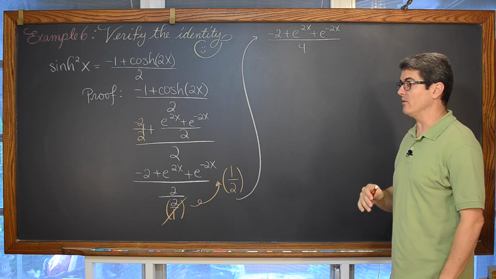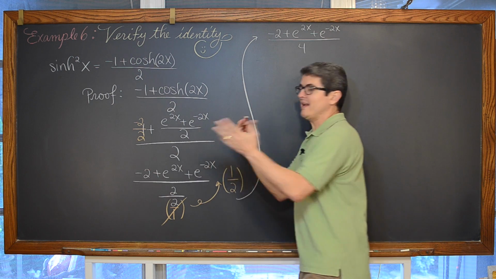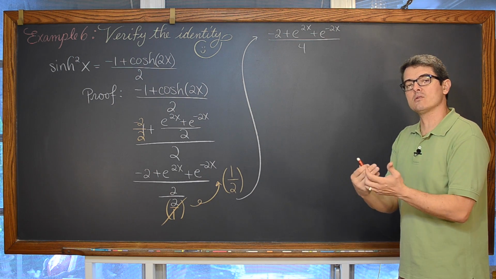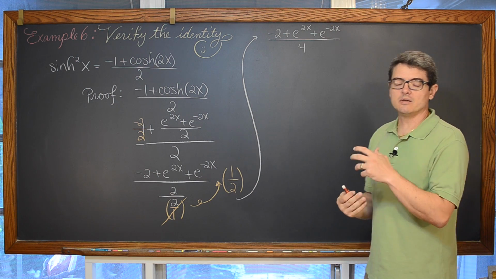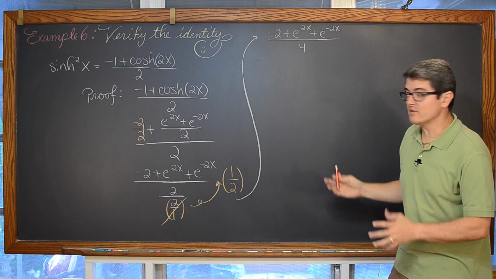How do you bring that down? Well, when you're doing proofs, don't forget the answer is staring right at you, and let that answer guide you if you get stuck through the journey of this proof.